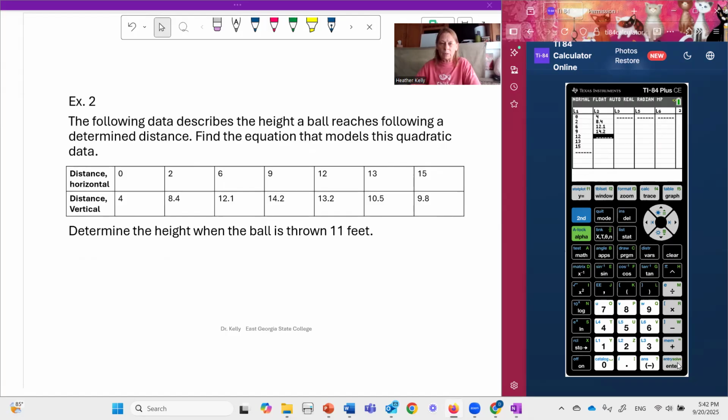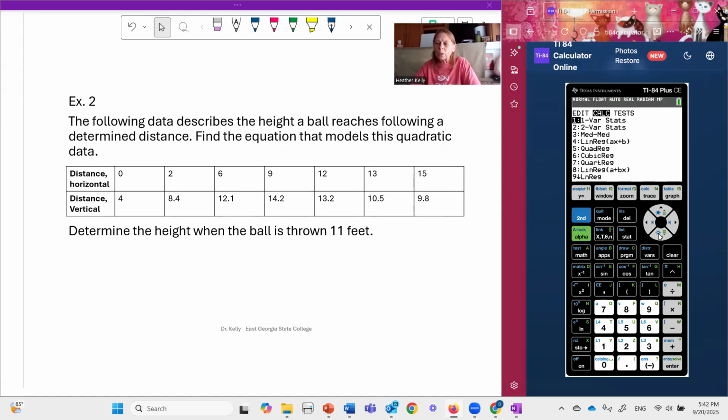I'm trying to be better this time. 13.2, 10.5, and 9.8. Check it. Cool. Hit stat.